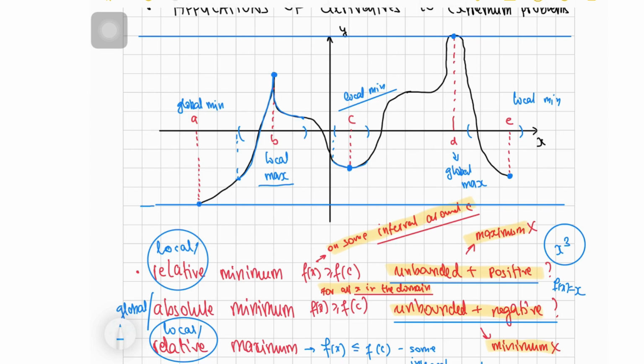Of course, we haven't mentioned the coordinates of the points A, B, C, D, E, but we just want to know how to identify them from the graph. You can also notice some knowledge here of graphs and interpretation of differentiation and derivatives.